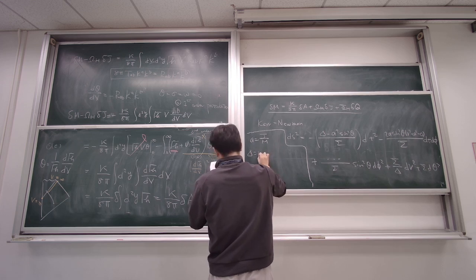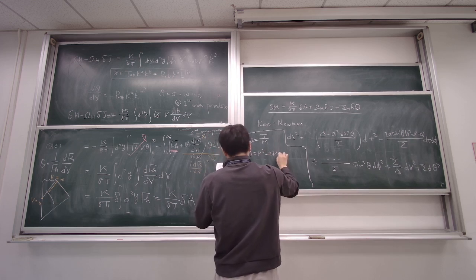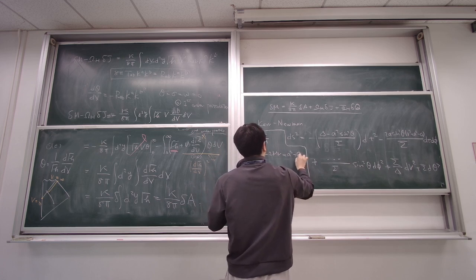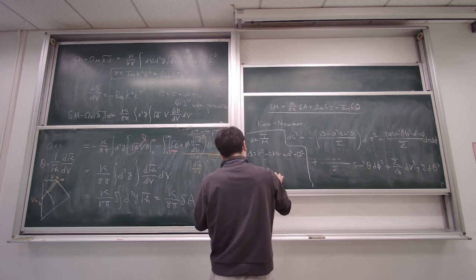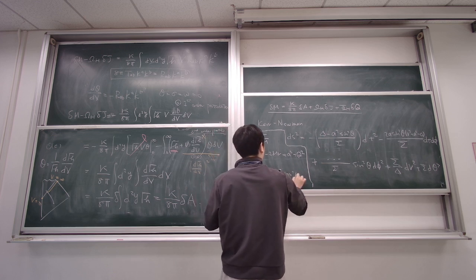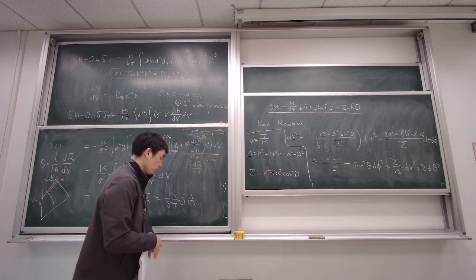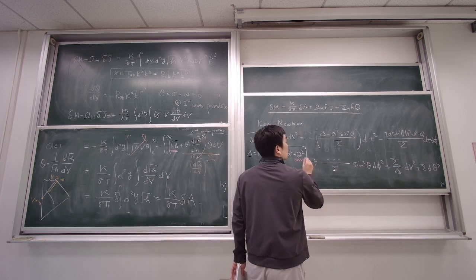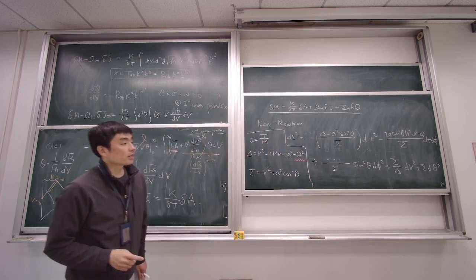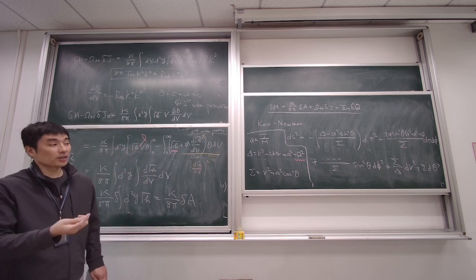Delta is given by r squared minus 2mr plus a squared plus q squared. And sigma is equal to r squared plus a squared cosine squared theta. So the important part is this q. The difference is this part, from Kerr to the Kerr-Newman case.